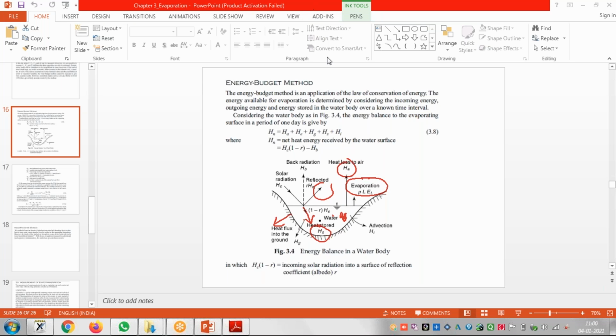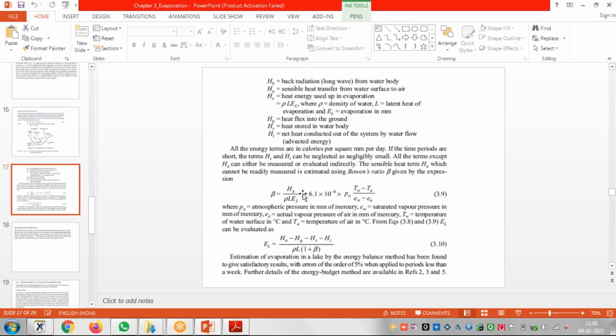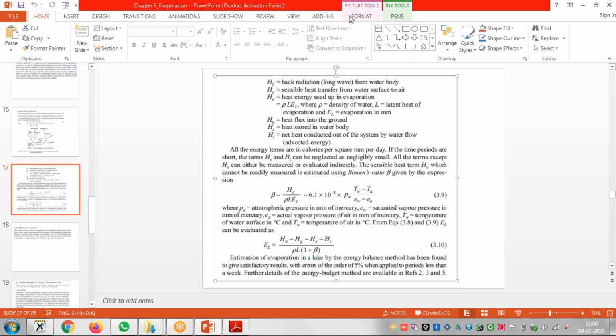And whatever the energy, we want to calculate the evaporation loss. The simple rule is, whatever the energy is coming in minus whatever is going out is equal to the change in the storage. The same thing is given here. Now see again how these different parameters are calculated.